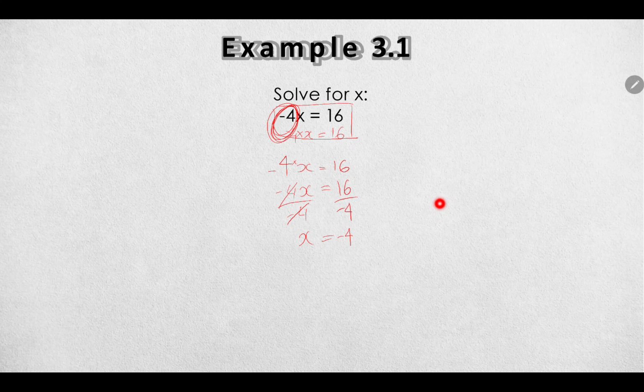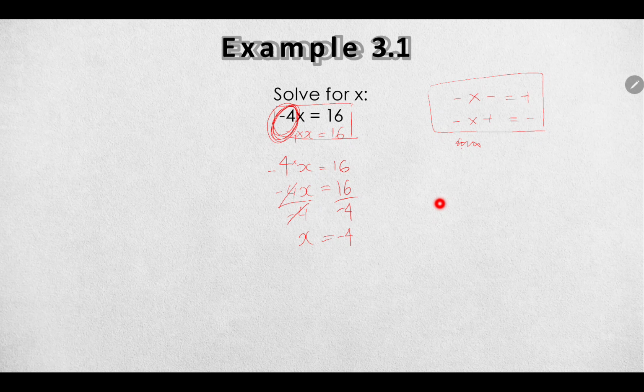Now remember, this is something that you would have to keep in mind. So, in your maths, you have to remember this part, which becomes really, really important.